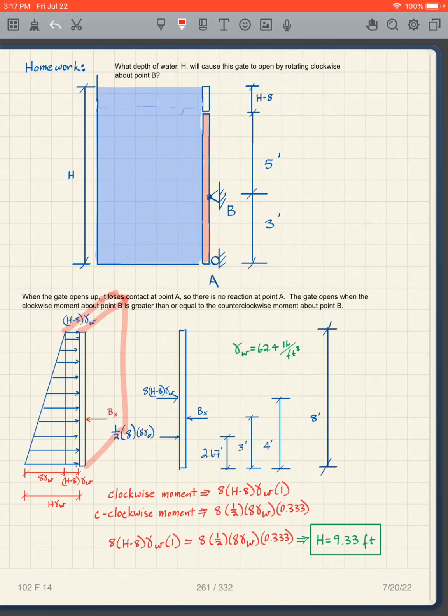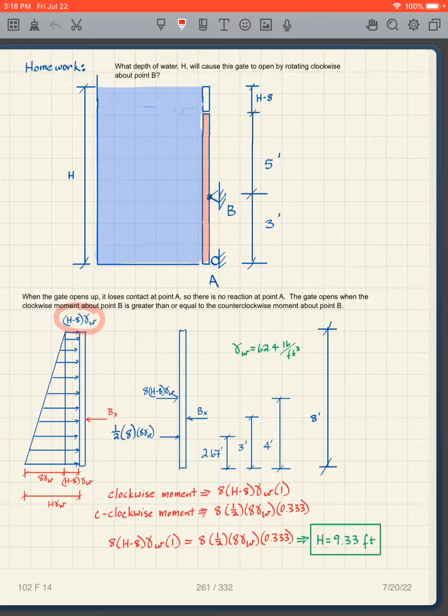Since there's nothing specified, the way to do this is to just take 1 foot. It doesn't really matter how deep this is into the piece of paper. That's not going to affect the problem. So we're just going to take 1 foot to get the volume. So it's going to be H minus 8 gamma W times the 8 feet times 1.